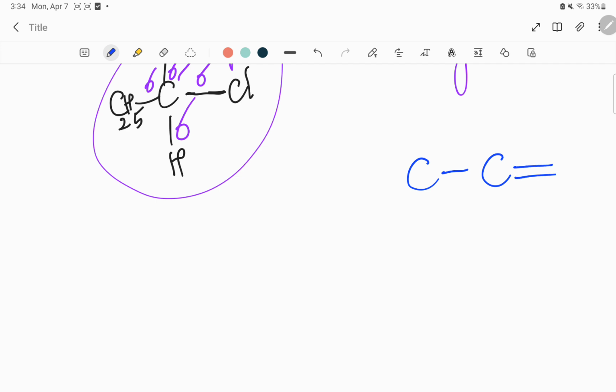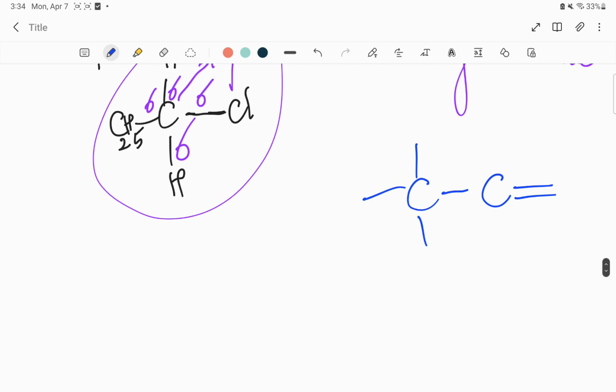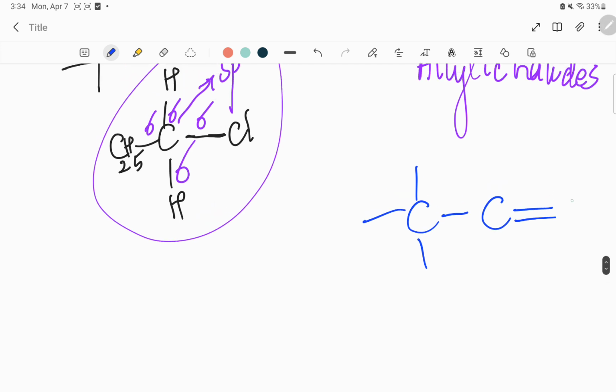In other words, an sp3 hybridized carbon which is attached directly to an sp2 hybridized carbon is known as an allylic carbon. I will give an example, I think that will make this term easier to understand.